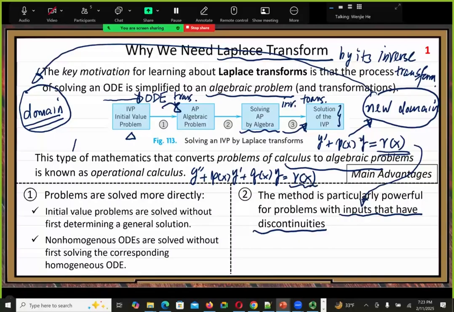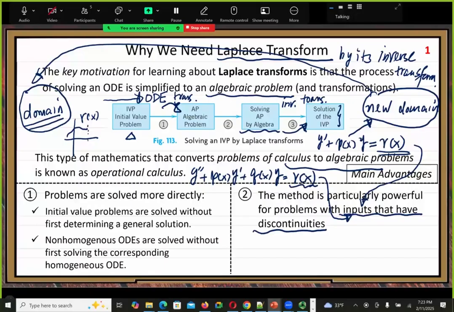Our input function. Here it talks about inputs that have discontinuities. If we draw a graph, the function r of x can contain a discontinuity, like a curve like that, a discontinuity like this, starting from this point.